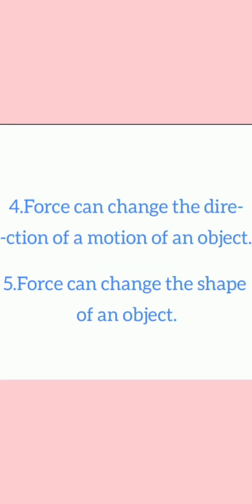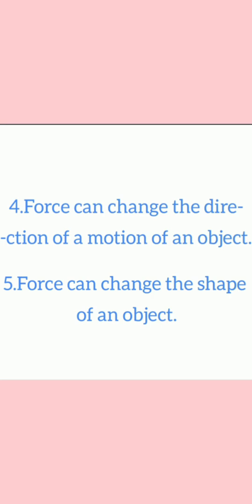Fourth, force can change the direction of motion of an object. Fifth, force can bring a change in the size or shape of an object. So, force can cause one, two, more or all of these effects at a time depending upon the situation.